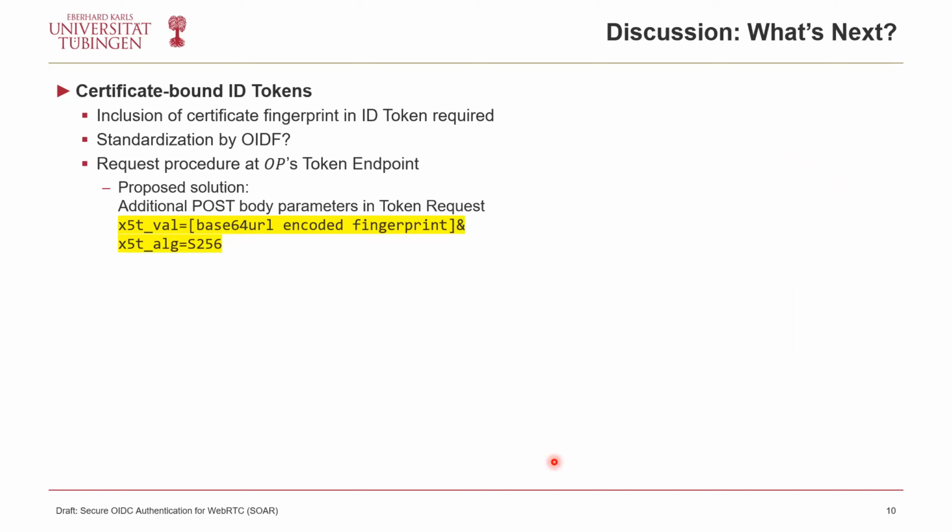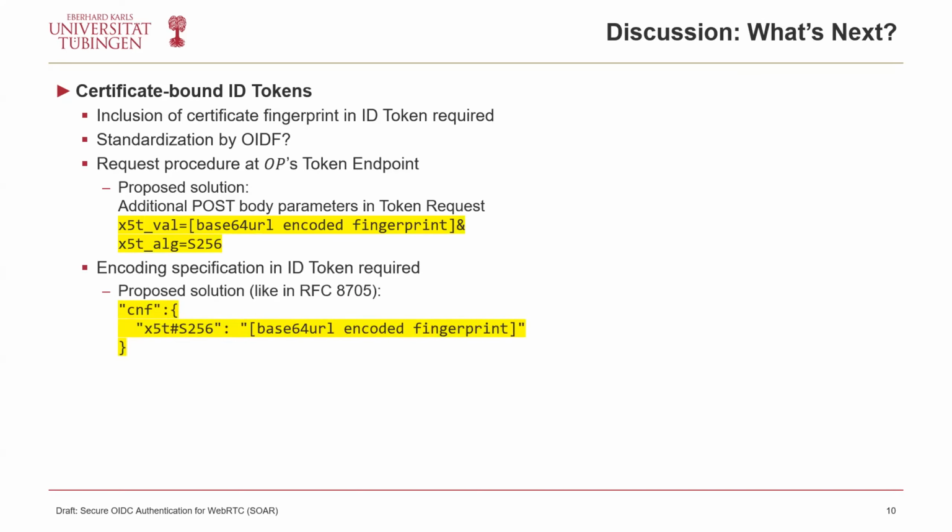Then I will go on with the presentation. It's not that much. We also need to specify how to put the fingerprint into the ID token. And there I recommend to do it the same way as this MTLS draft or RFC for the access tokens.